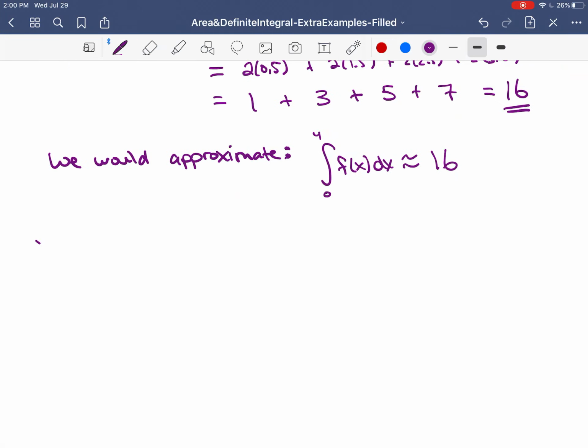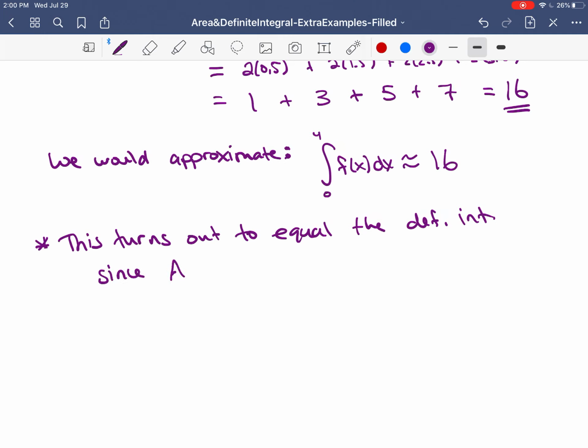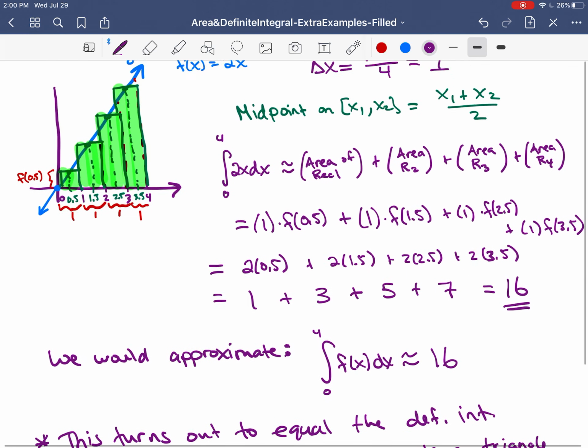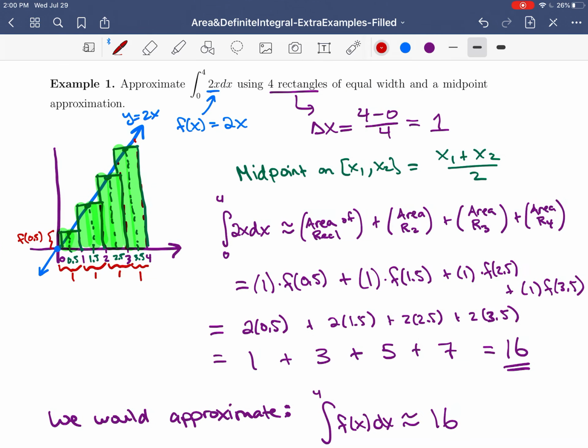Now this turns out to equal the definite integral. It's dead on, since the area under f of x equals 2x is a triangle. So you can see, maybe I'll use a different color, it's this area here.